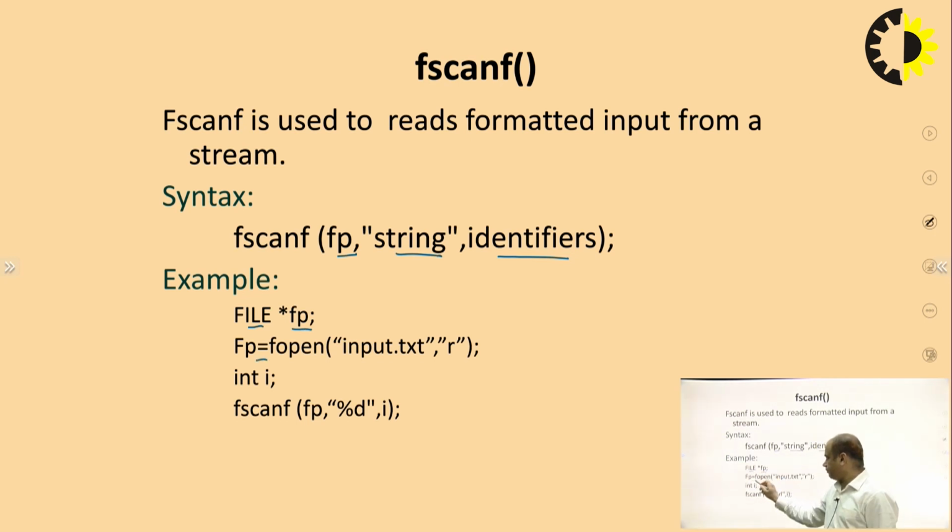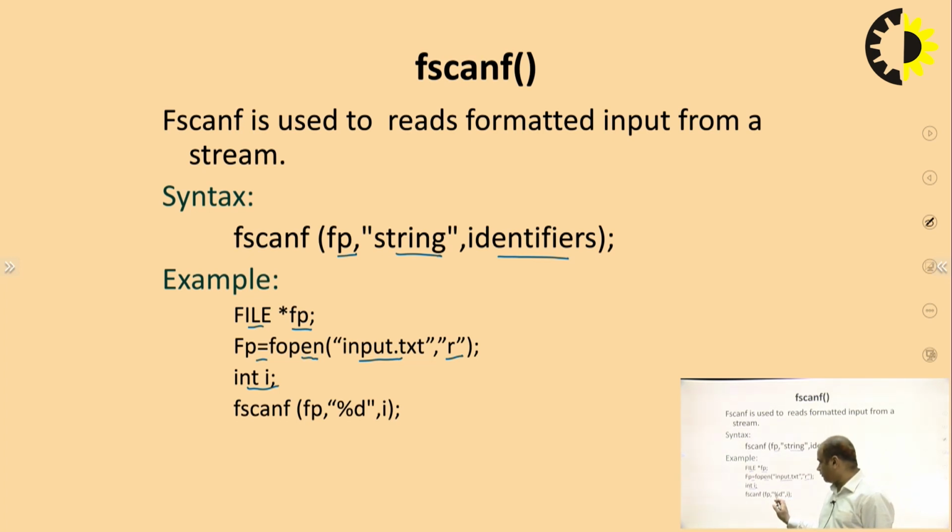The file fp is fp equal to fopen, where we are opening the input text file in the reading mode. Not the w mode, we are using the reading mode. After that we have defined int i, where the int i will contain whatever value we are going to store in that file.